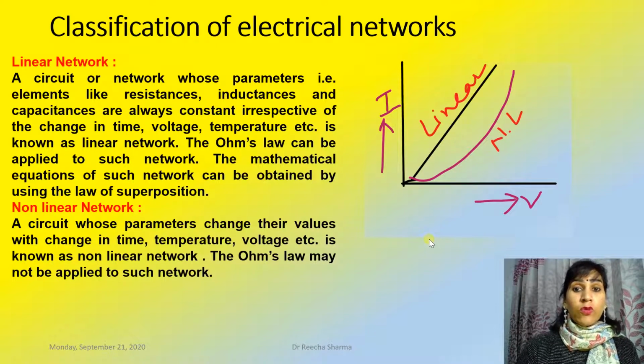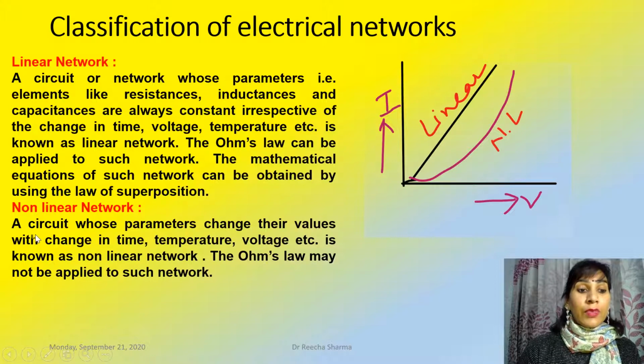The networks which follow the linear graph, having a linear relationship between the voltage and the current, are known as linear networks. Those not following the linear graph, where the relationship between voltage and current is non-linear, are considered non-linear networks.